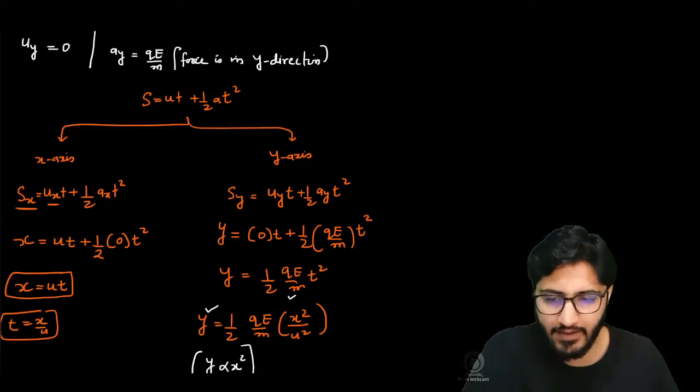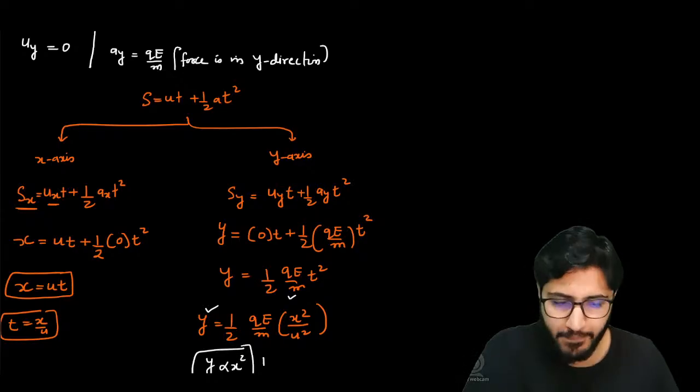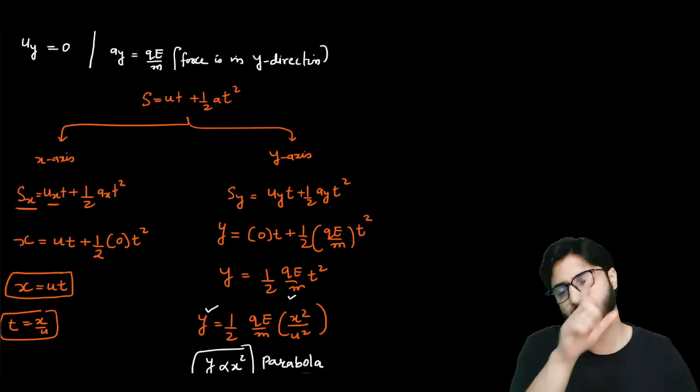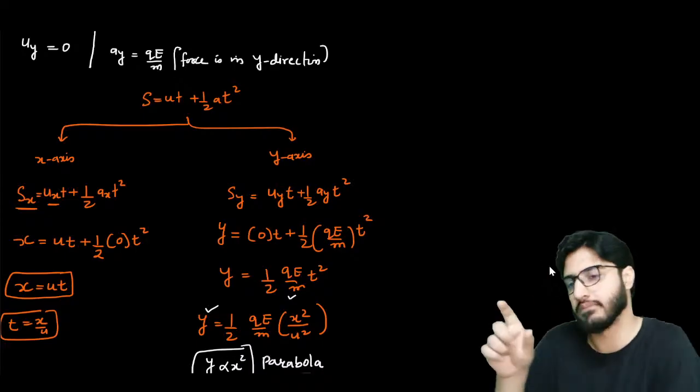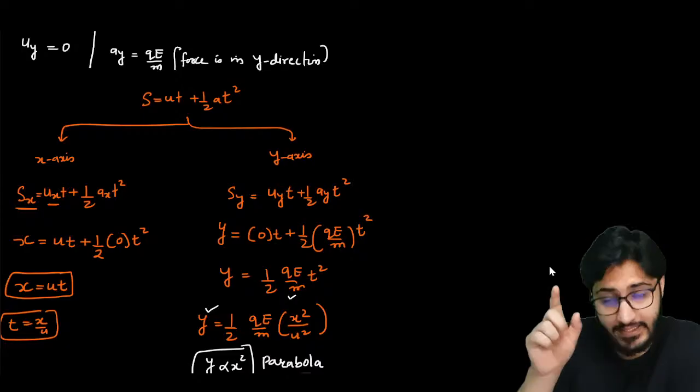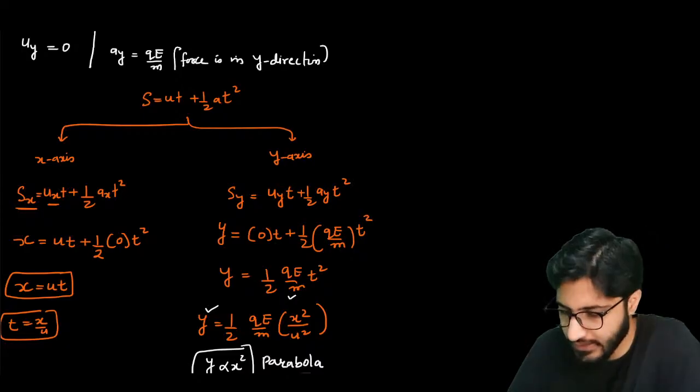So the graph would be a parabola. The path of the positively charged particle moving inside an electric field like this will be a parabola only.